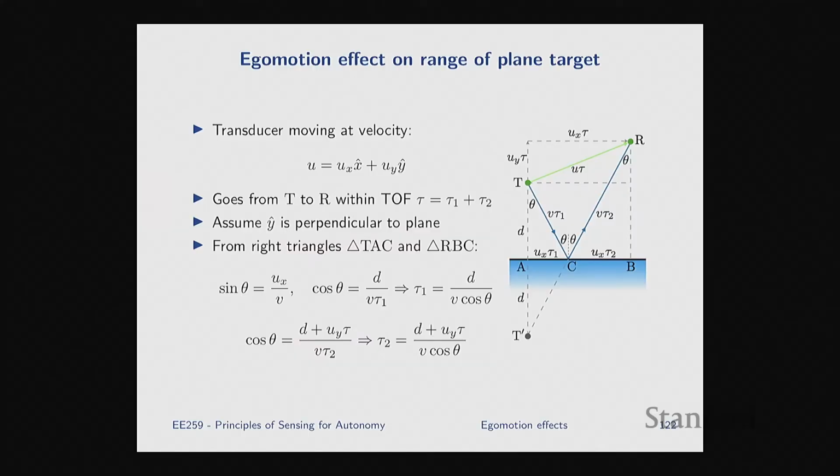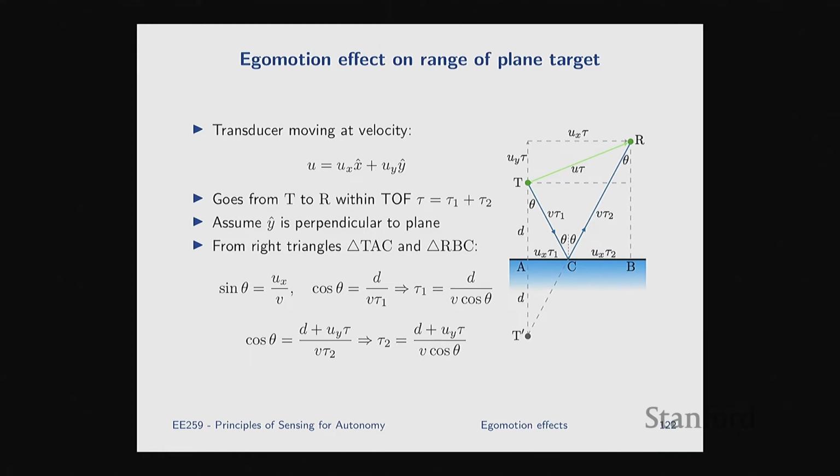Now, the exact effect that ego motion has on the range and the bearing angle, you can calculate for every type of target. And in fact, it is done in the notes. But I'm not going to bore you with it because it's purely geometric arguments, and I'll let you read it in the notes. It's very detailed derivations for every type of target. But I'll just set it up for you so you know, if you read this, how the calculation is being done.